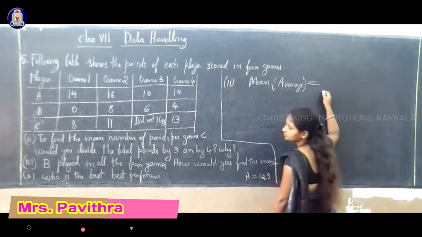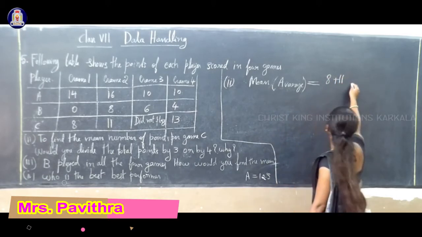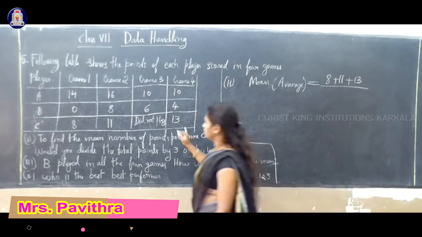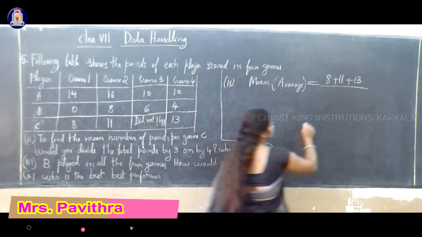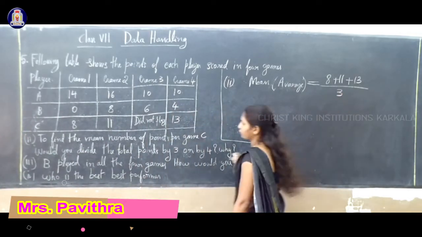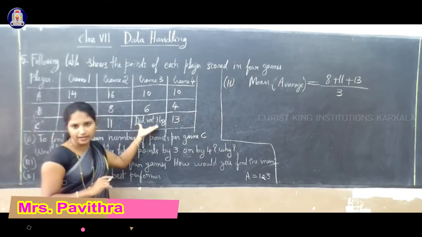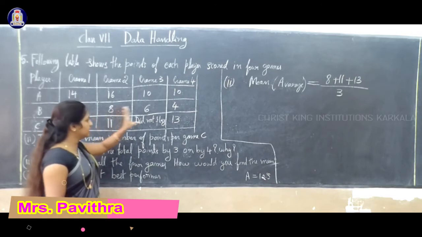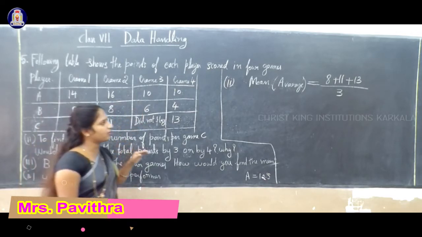So add 8 plus 11 plus 13, divided by the number of terms. He played in 3 games, so the number of terms is 3. We cannot write 4 because there are 4 games, but in the third game he did not play, so we cannot consider it. We consider only 3 games: first, second, and fourth.